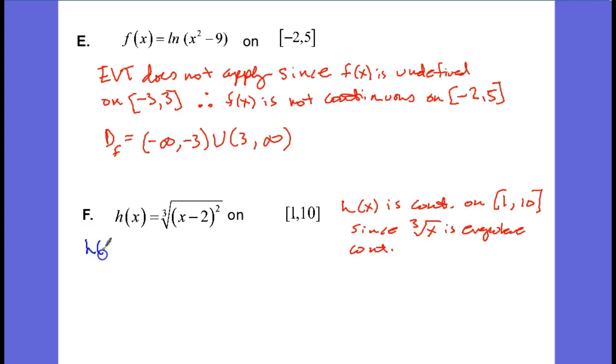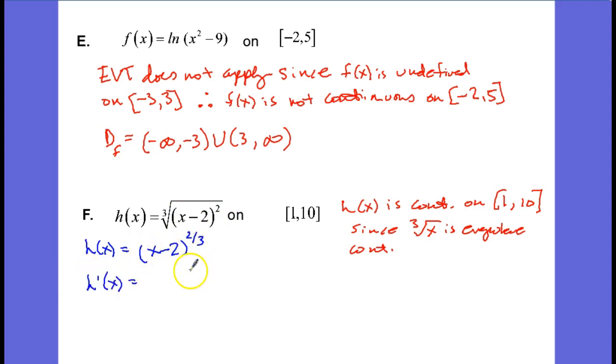Let's rewrite h of x using rational exponents, which gives us x minus 2 quantity to the 2/3 power, and that allows me to take the first derivative using the power rule.